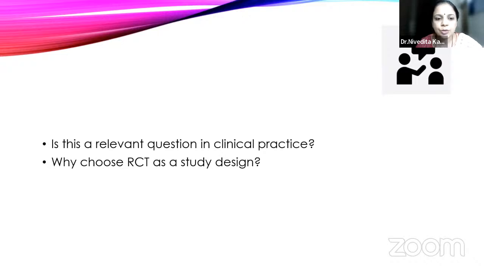Absolutely correct. So this is definitely a relevant question. IgA nephropathy being one of the most common causes of chronic kidney disease in adults, one would want to do everything to prevent the progression. So why would you choose RCT as a study design? That is because a randomized control trial is the gold standard for any intervention trial. It has several advantages, like it can prove a causal relationship. It has a very good internal validity.